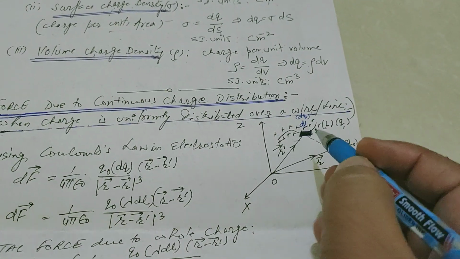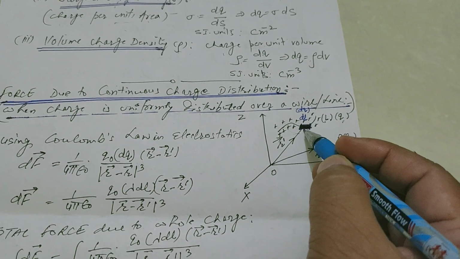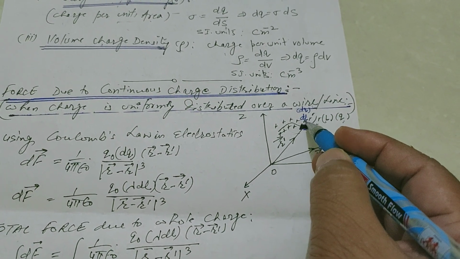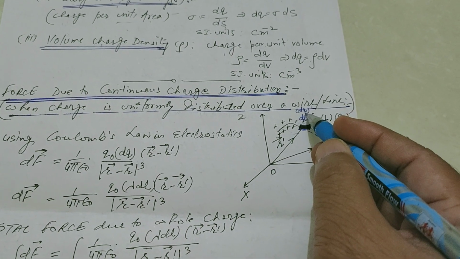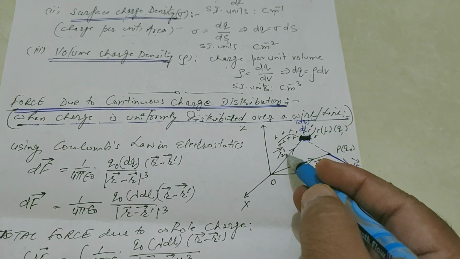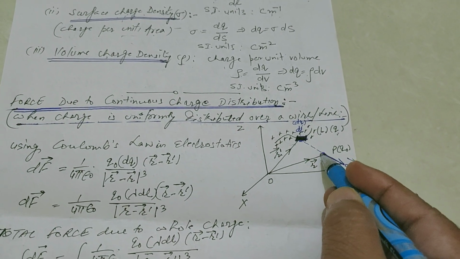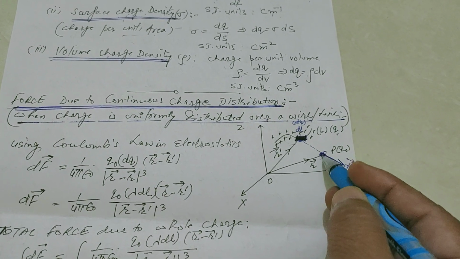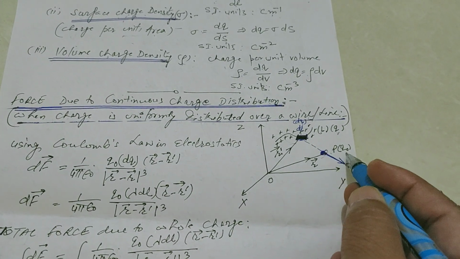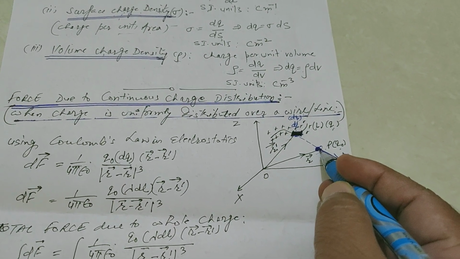So first of all I will take an infinitesimally small element of this wire, let its length be dl and charge on it be dq. Its position vector is r dash. I have to calculate force at this point P. So wherever you want to find force, you just place a test charge Q naught at that particular place.